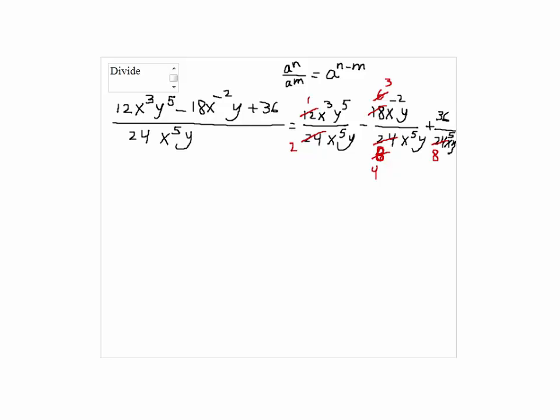36 and 24. You can see both of those are factors of 3. So I can go ahead and divide 24 by 3. I get 8 again. If I divide 36 by 3, I would get 12. And as you see, both of these are factors of 2.